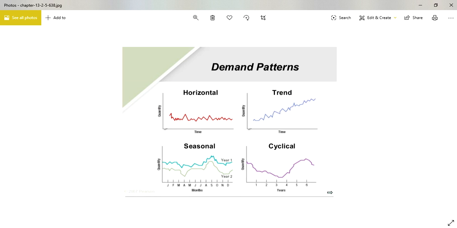Okay, and then we have cyclical data, and this happens in response to the cyclical business cycle. Over here, business cycle is affecting this.